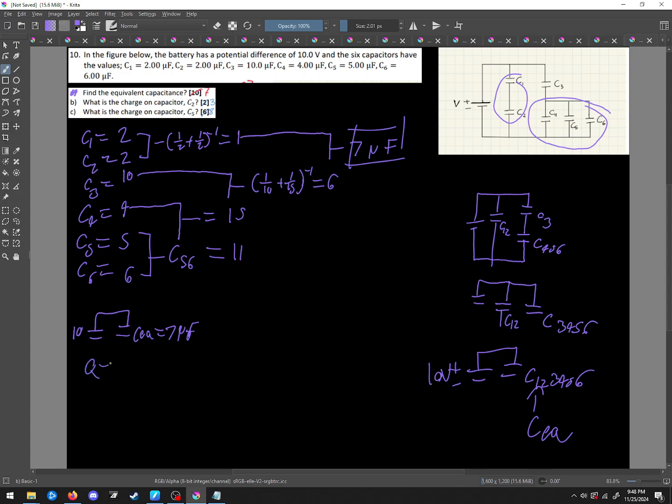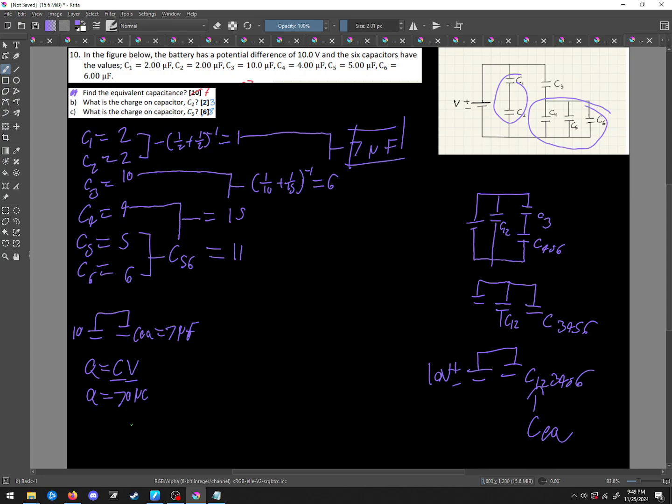Well, Q equals CV, right? We have C, we have V, which means we have Q. So Q is going to equal 70 microcoulomb. Okay, so that's B.